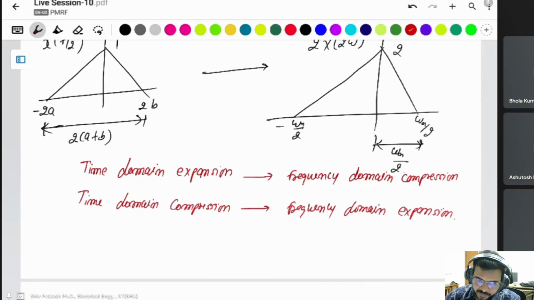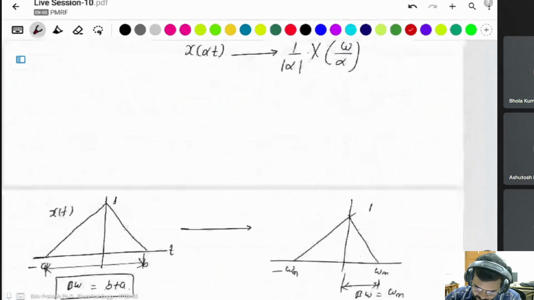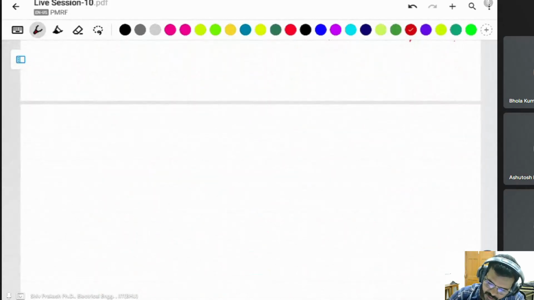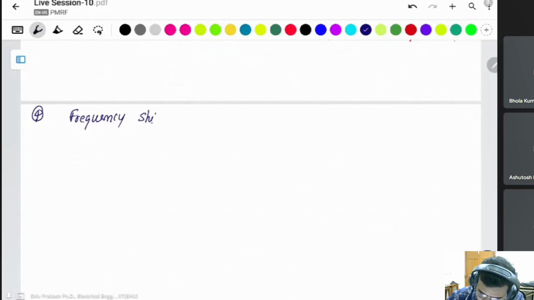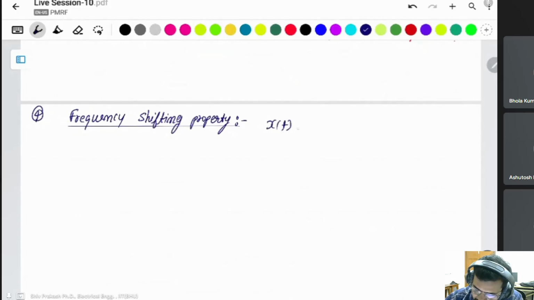Okay, this is the time shifting property. Next one is the frequency shifting property. There is some signal which has a Fourier transform of X(omega).